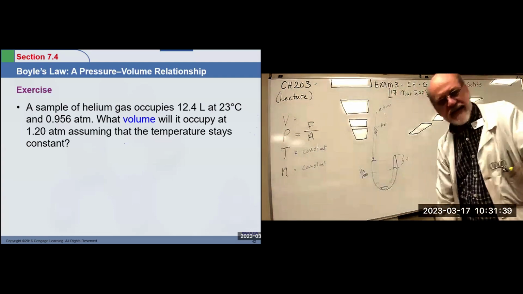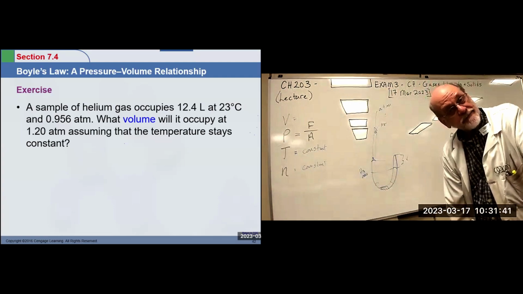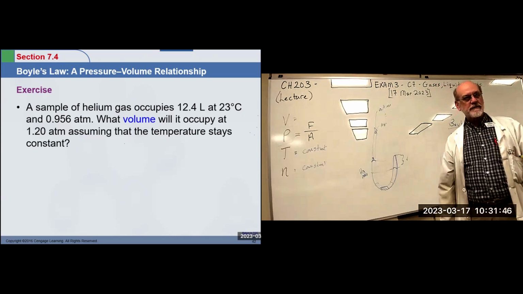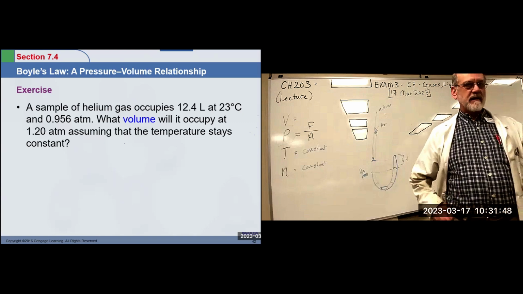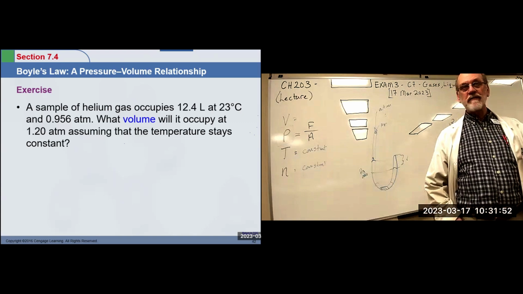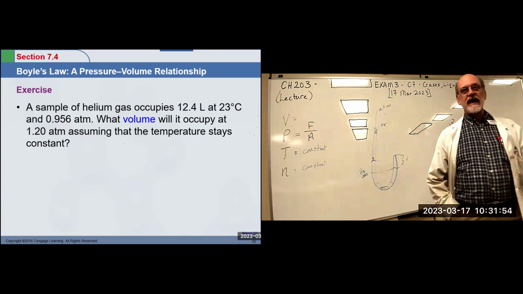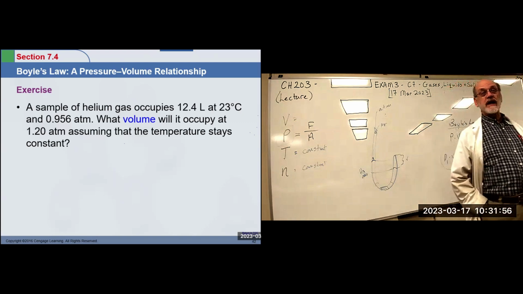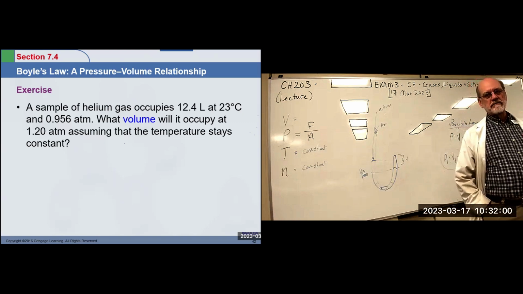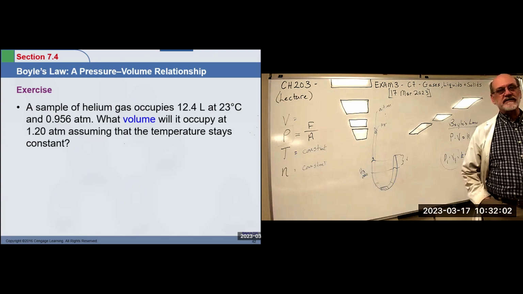So if we have a sample of helium gas, and by the way, the nice thing about these early experiments with gases is that all the gases behaved alike. It didn't matter what the gas was. At these temperatures, room temperature and atmospheric pressure, a gas is a gas is a gas.